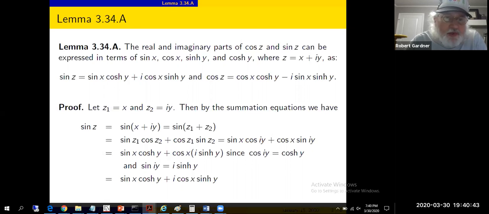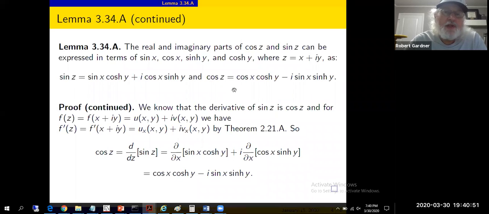We could do a similar thing for cosine of z to extract this second relationship using the summation formulas, but let's take a slightly different approach. We're going to differentiate the sine function, since we have it expressed in terms of these real and imaginary parts.